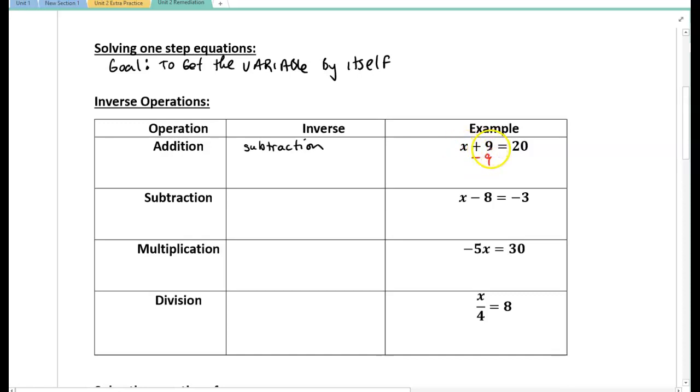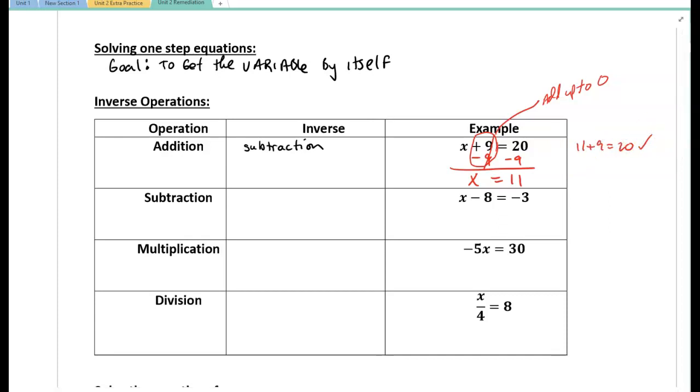Since it's linked by addition, I subtract 9, x equals 11. Anytime we're undoing addition or subtraction, what I'm getting rid of has to add up to 0, meaning that it eliminates. And if you check your solution, 11 plus 9, does that equal 20?